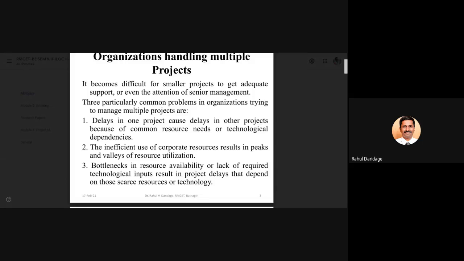The insufficient use of corporate resources results in peaks and valleys in resource utilization.